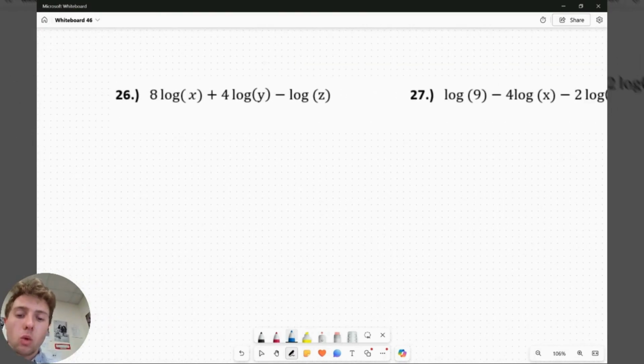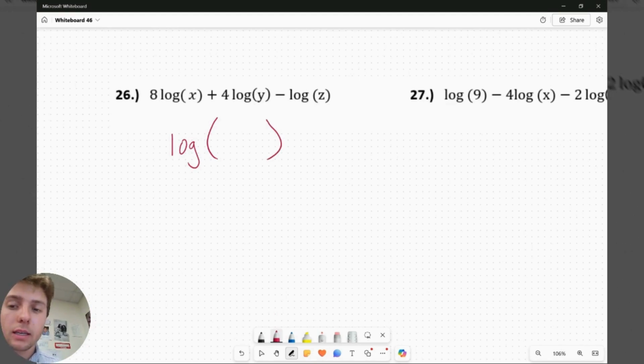For example, number 26. We're going to make this into a singular log where all we have is stuff on the inside. Well, what we have right now is 8 times log x. Well, I know that any number in front actually represents an exponent. I know that the signs in front of them tell me where to put them in this fraction.